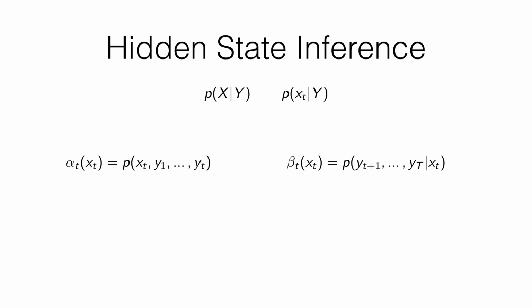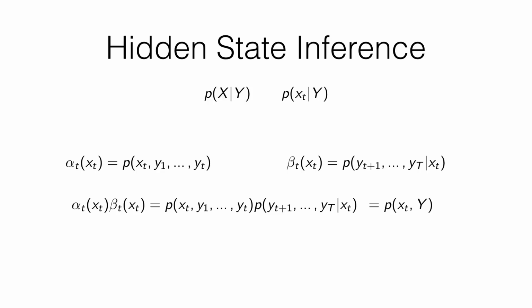And in looking at this, you might start to see why we'd be interested in these two quantities. The reason is that if we multiply them together, alpha t times beta t of xt, we get the joint probability of xt and all the past observations, and then the conditional probability of all the future observations given xt, which, if we remember our rules about conditional probabilities, becomes the joint probability of xt and all of the observations.